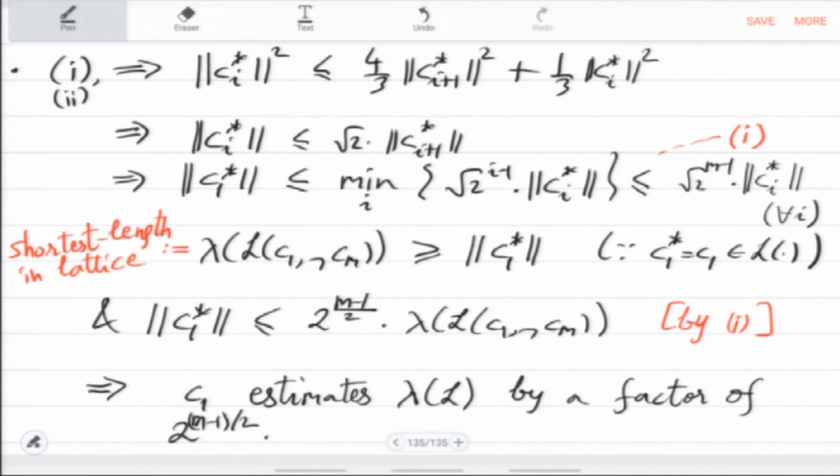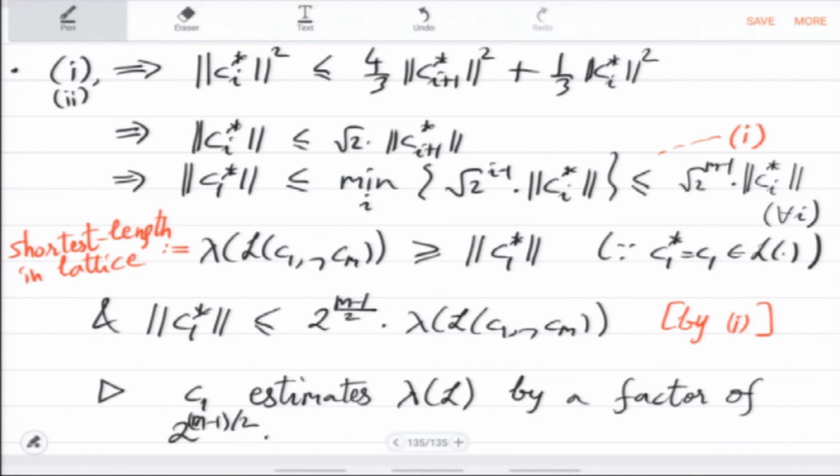So the first vector in the reduced basis is what you will output. Once you have a reduced basis, you will just output this. So that is the key takeaway out of the definition.